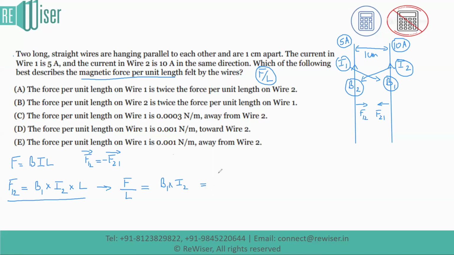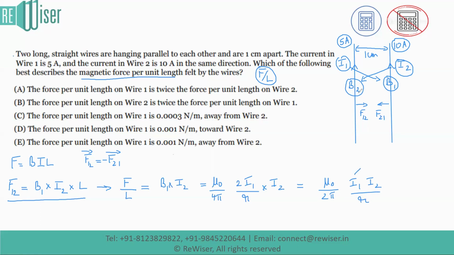And we know that the magnetic field due to an infinitely long straight conductor is mu naught by 4 pi into 2 I1 divided by R, into I2. So this gives us the combined equation: mu naught by 2 pi, I1 I2 by R.